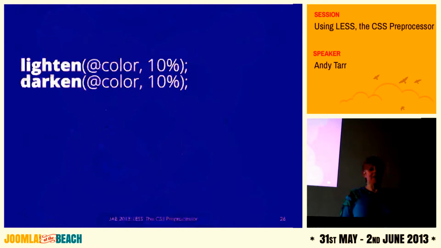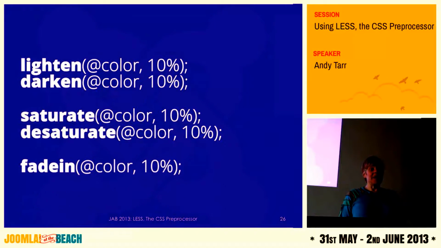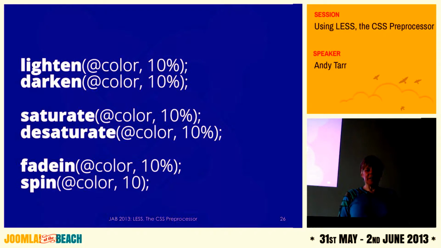So you got lighten, you can darken, you can saturate, you can desaturate, you can fade it in, and you can do the spin. The fade in and fade out are making it more or less transparent. And then the spin is actually taking the color wheel and tweaking it. So if you just want to get some complementary colors going across, you can use it for that.